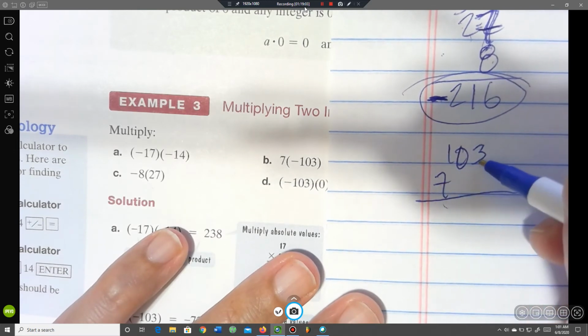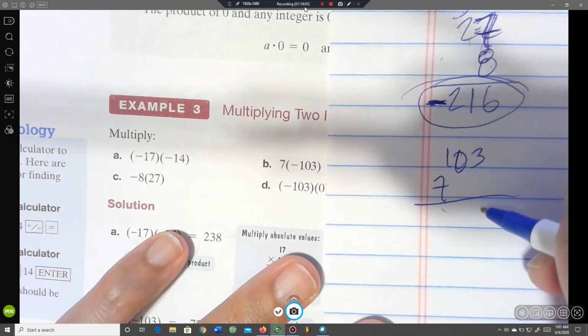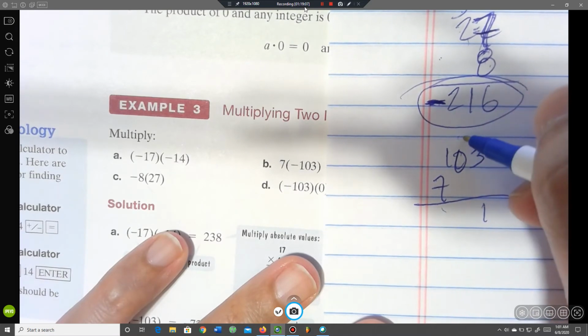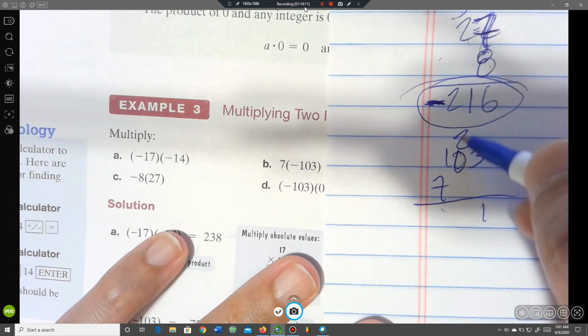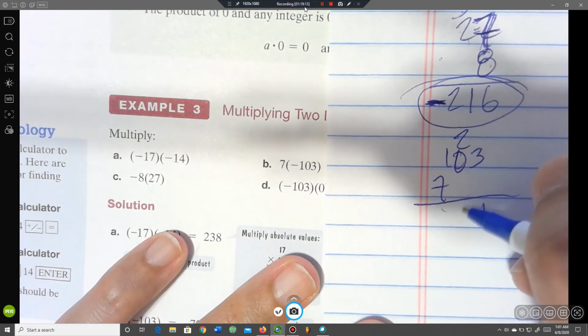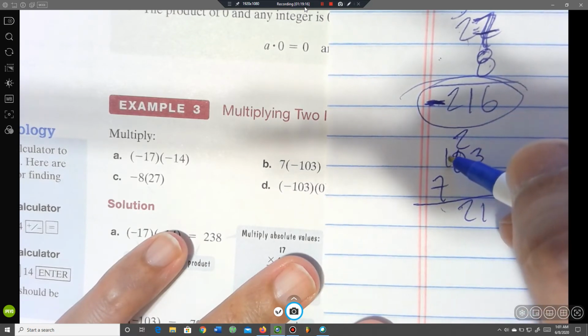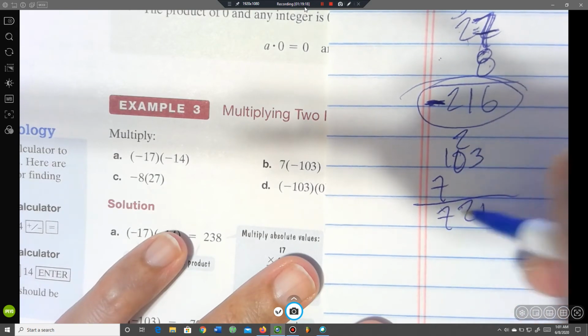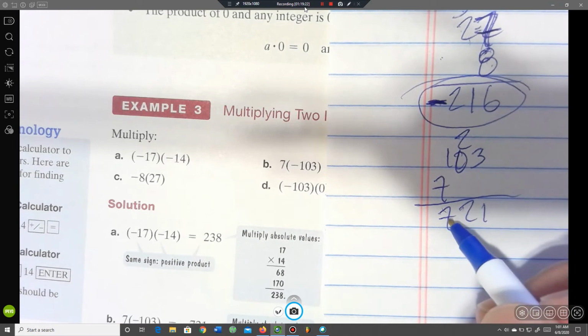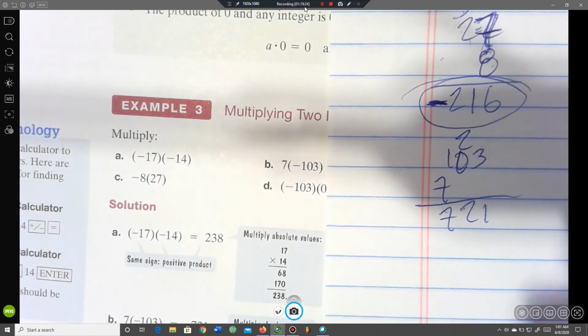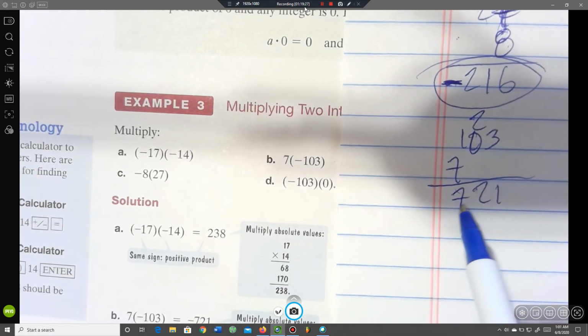Watch. 7 times 3 is 21. Write the 1 and carry the 2. 7 times 0 is 0 plus 2 is 2. 7 times 1 is 7. 721. All right. The last step, what did I say the last step should be?